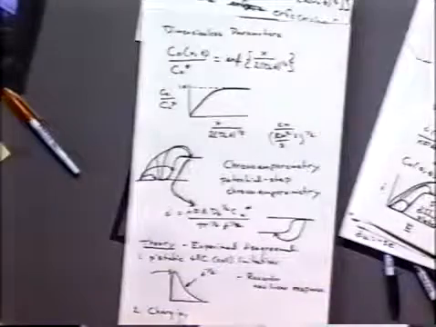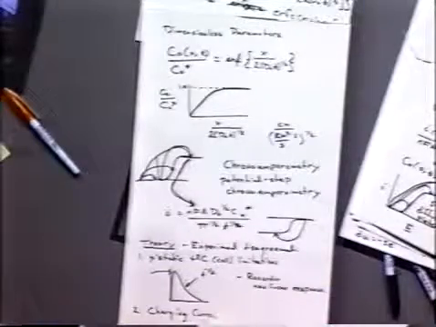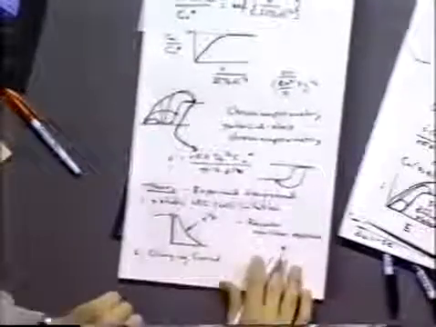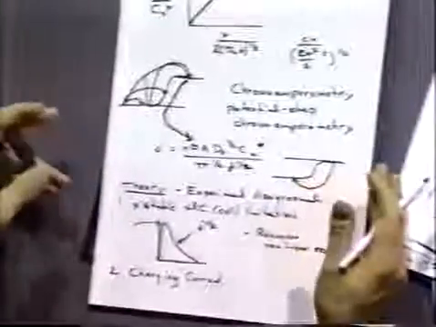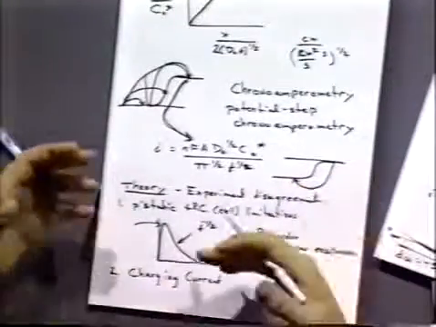The second thing that we often would observe is charging current. Remember we said that if we step the potential of the electrode in a cell, we get a charging current. We actually derived that charging current.